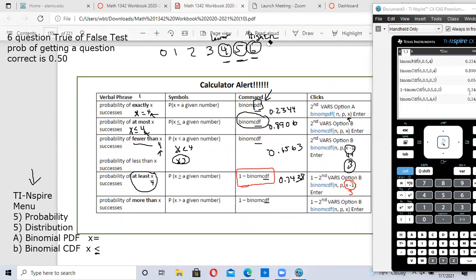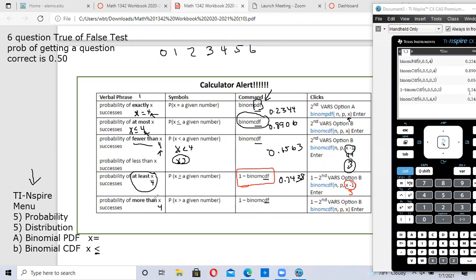That's why I draw these numbers. You can get 0 right, 1 right, 2 right, 3, 4, 5, or 6 right. Here it says probability of more than 4 successes. So I'm using 4 for every number here just to show you.